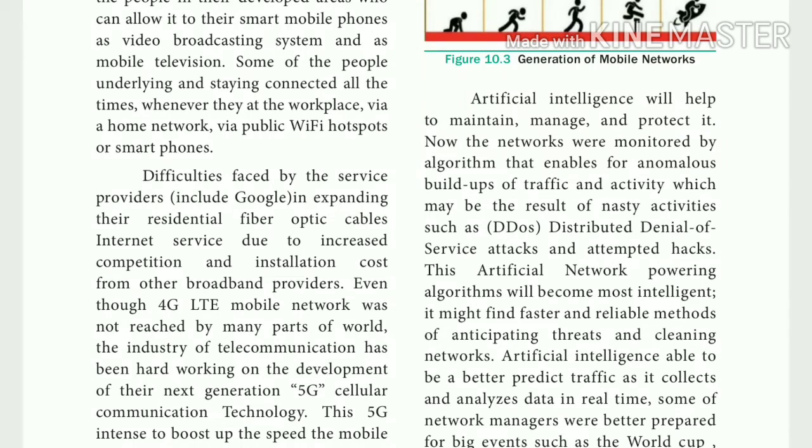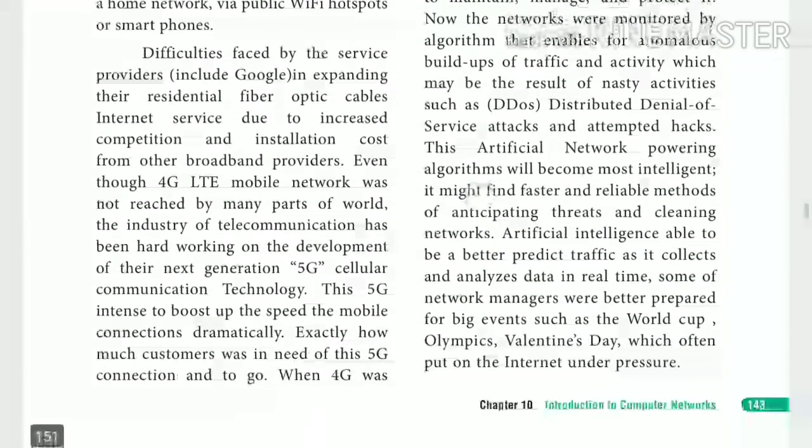This is a hacking procedure used by hackers to block the services provided by a particular system. Artificial intelligence is used to protect the computer network from various hacking processes that will destroy the system hardware.